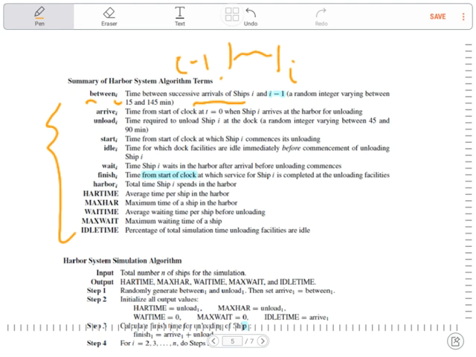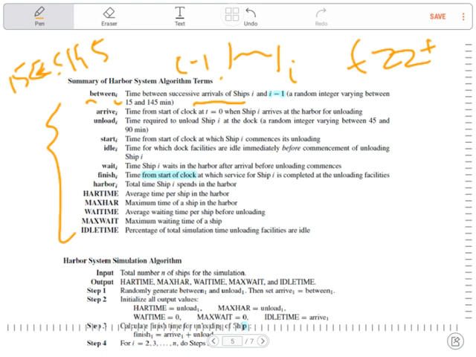So what was the situation given? It should be between 15 and 145 minutes. So this between I is any positive number, that means Z plus, and bounded between 15 and 145, less than or equal to, and like this. It should lie between 15 and 145.